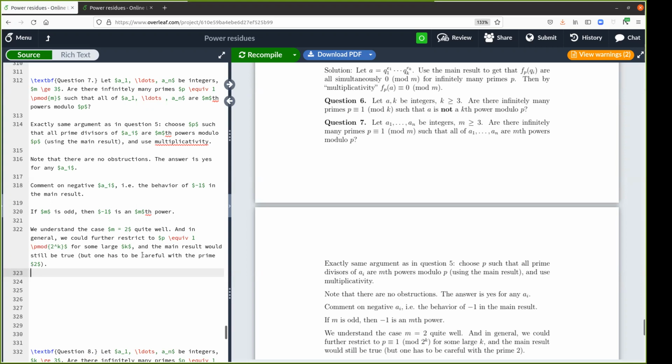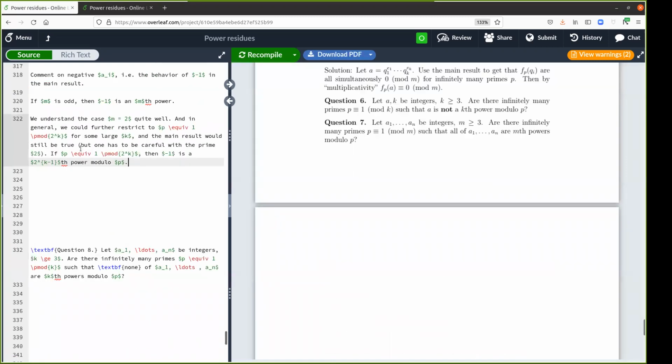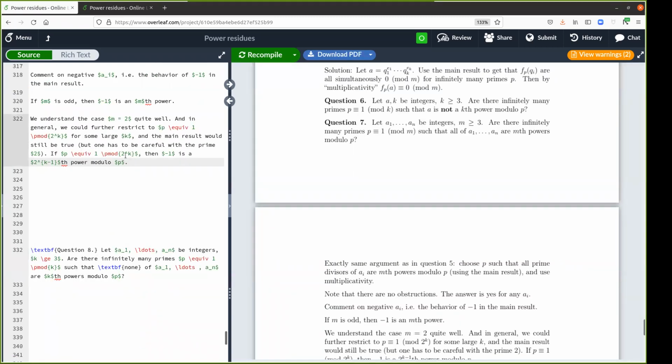I mean, of course, one still has to be careful with the prime 2 because that's the special prime, but we could add this type of condition, and this helps us because then if p is equal to 1 modulo 2 to the k, then minus 1 is a 2 to the k minus 1 power modulo p.